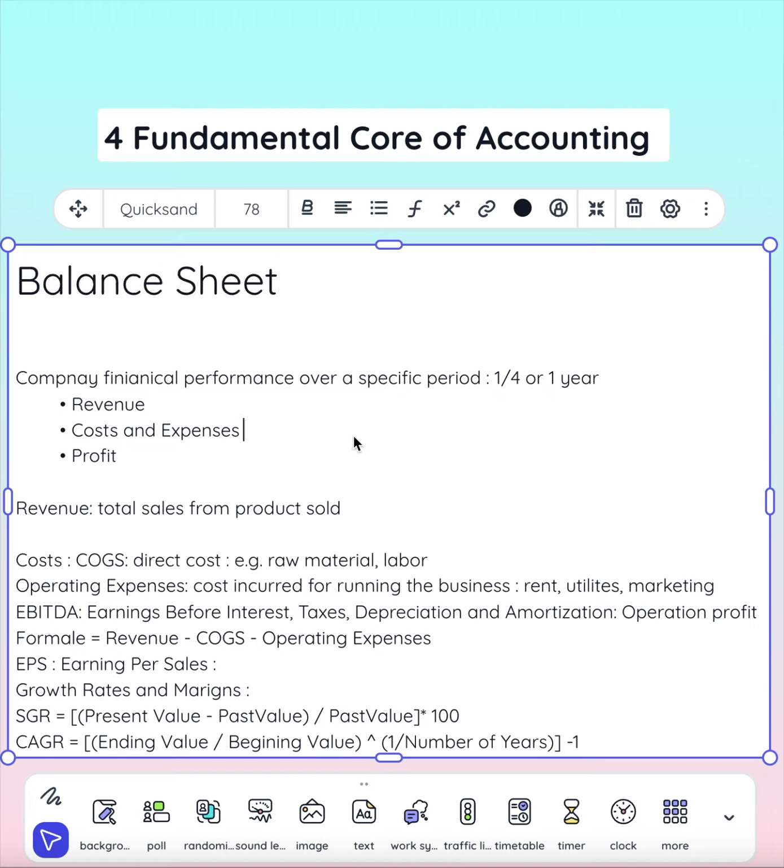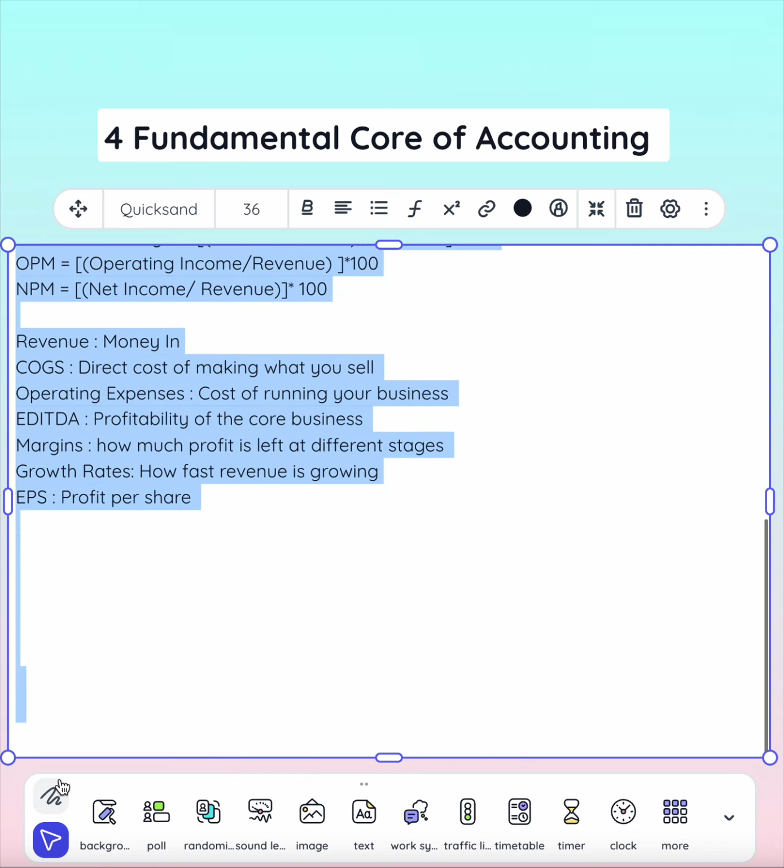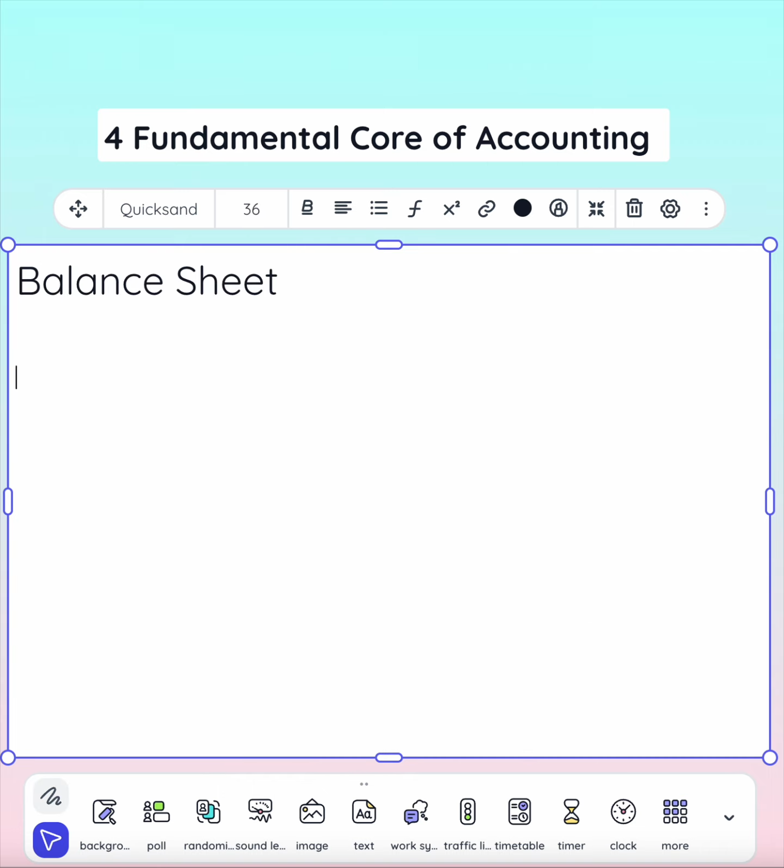So what is the balance sheet? It's a snapshot of the company's financial position at a specific point in time.